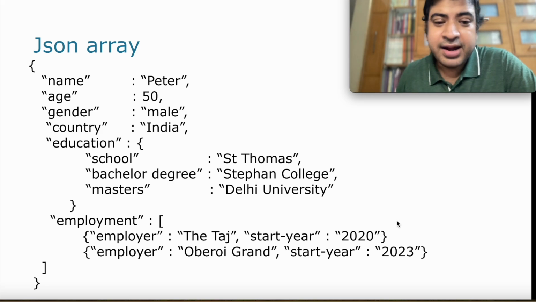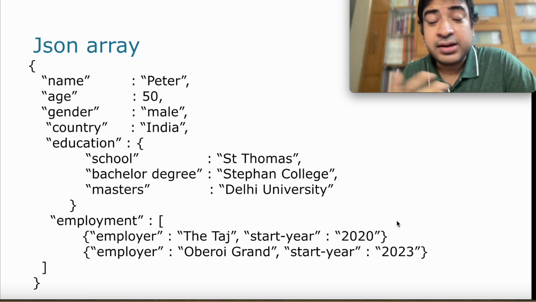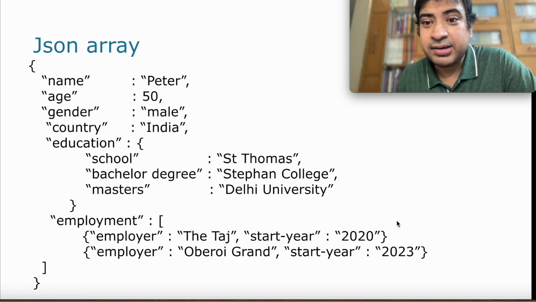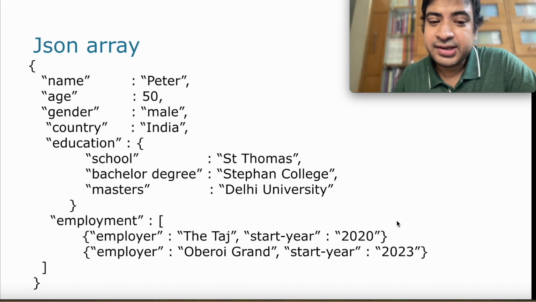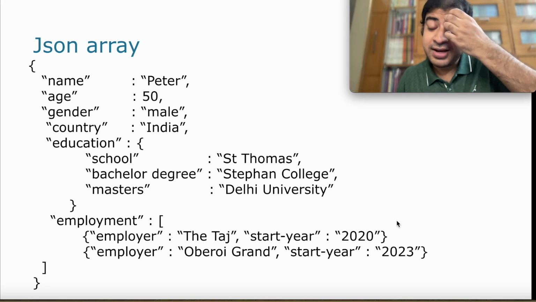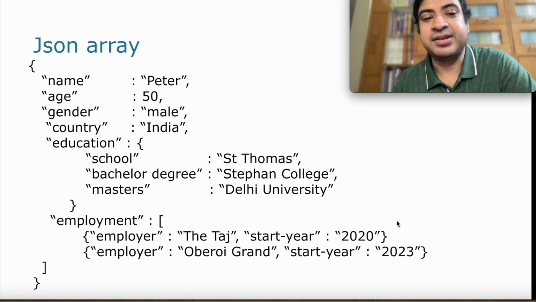And we can add it basically as an array, because the person can have multiple employments, can have multiple employers. So every single employment will be one element of the array. And each array element again is a valid JSON. So this is another example where we see that the value of a JSON is an array of nested JSON.